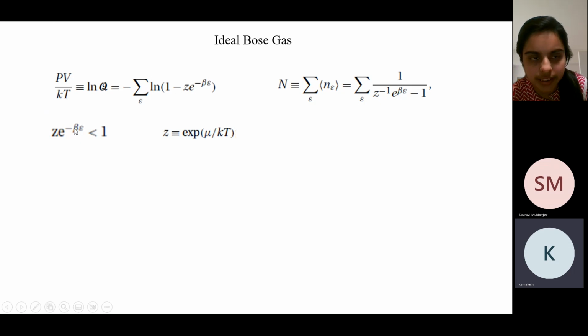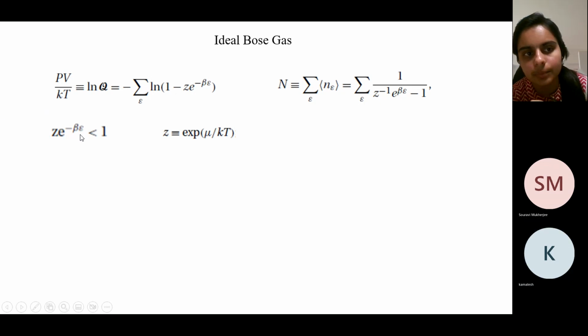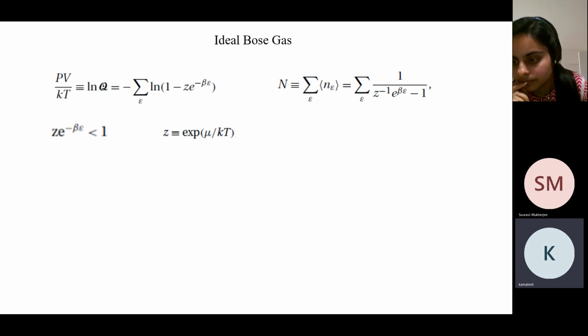You would get a relation between the chemical potential and the energy. What would be that relation?